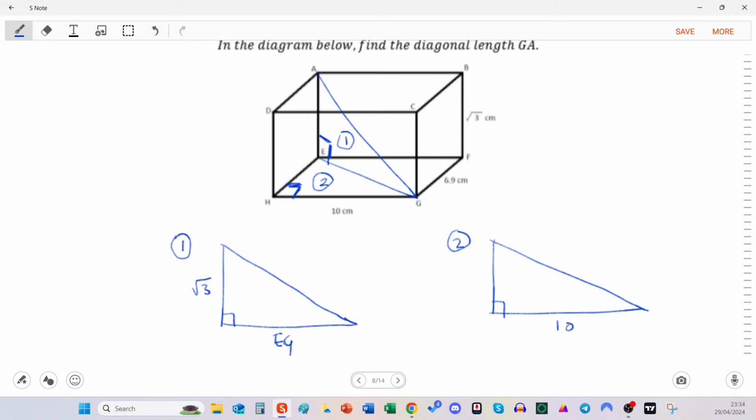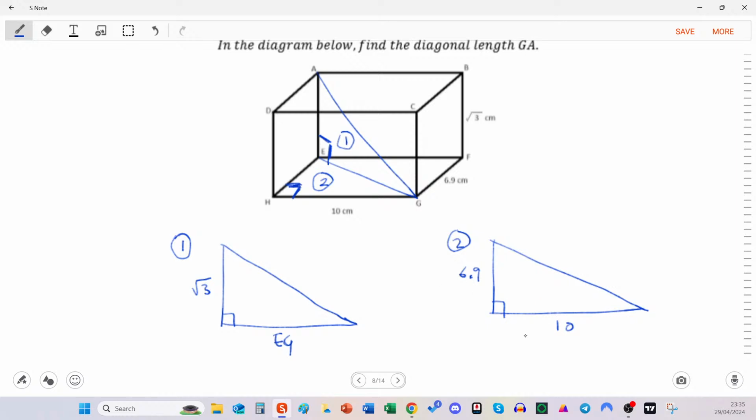Well, it's got a base of 10, as you can see from there, and it has a height of 6.9. Now we're just going to check if they've tricked us. I wrote these questions. I don't know why I say they, it's a habit. Centimeter, centimeter, centimeter. So yeah, good. No conversion needed. So we can actually find EG using this second one.